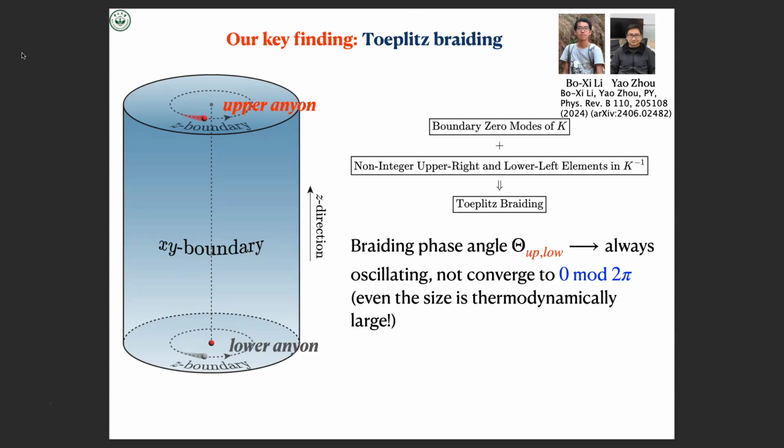Here we must remember that the system size along x and y is already at the thermodynamic limit, because we use Chern-Simons theory to describe each layer. So the xy directions are already in the thermodynamic limit. But along the z direction, we start with a finite dimension of the K matrix. So our starting point is finite dimension along the z direction.